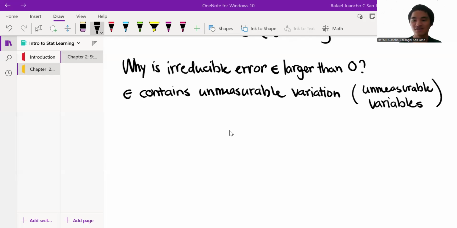Maybe that's why there's a different reaction. Or the patient's general feeling of well-being on that day. Maybe the patient's actually sick during that day, and that might affect the reaction. So there are a lot of unmeasurable variations or unmeasurable factors that we can't really control, right? It really depends on the person. There's a lot of factors behind it, and we cannot quantify everything.